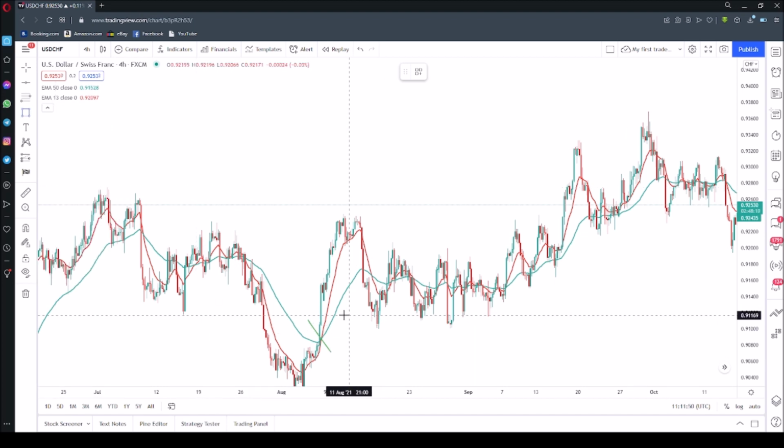In this case, we can see that the first order block below the 50 was actually derived from this one. This was the last red candle in this movement going downwards.